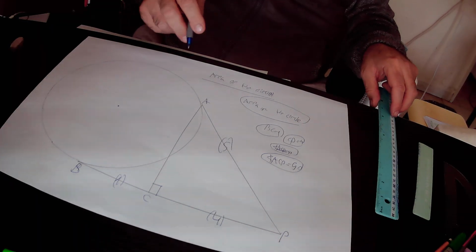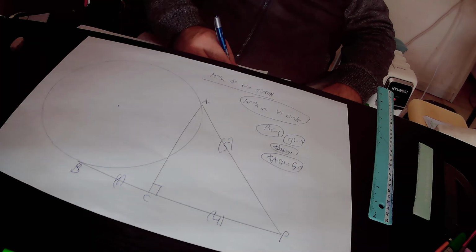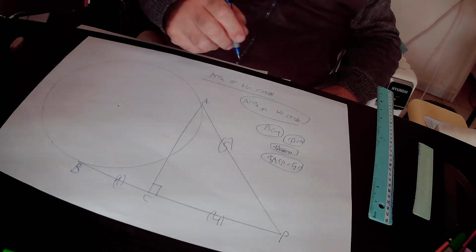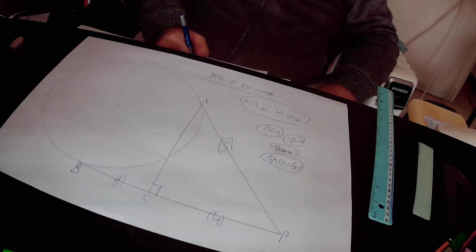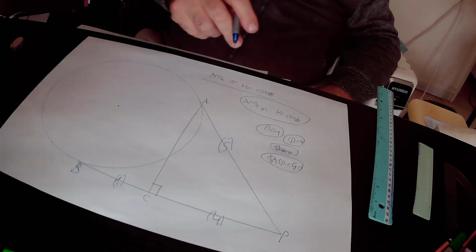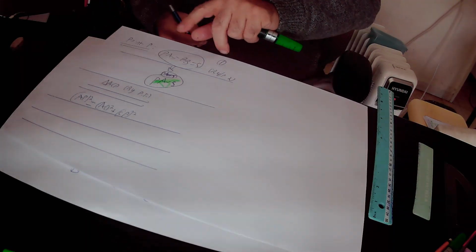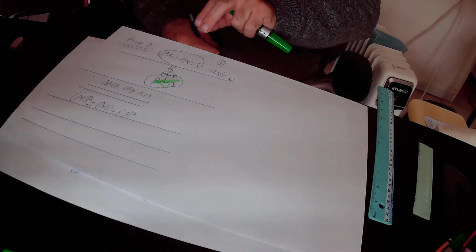In this triangle ACP, according to the Pythagoras theorem, AP squared, that is the square of the hypotenuse, equals AC squared plus CP squared.